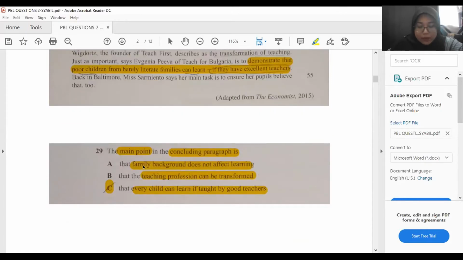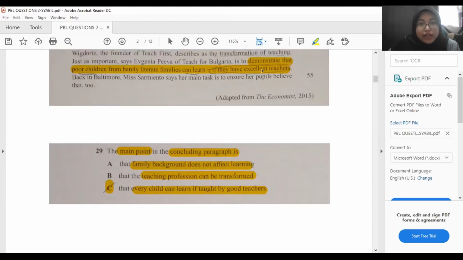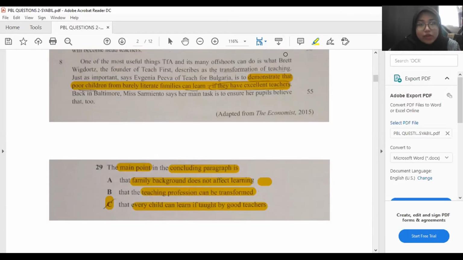So we go back to the question, and we need to go through each answer choice, highlight, and eliminate the ones that are not related to the answer. First, the family background does not affect learning. It doesn't mention that, so it isn't. And then the teaching profession can be transformed. It also isn't mentioned in this paragraph.